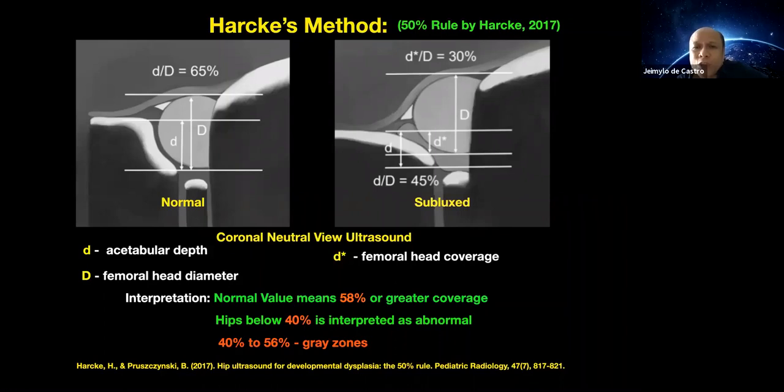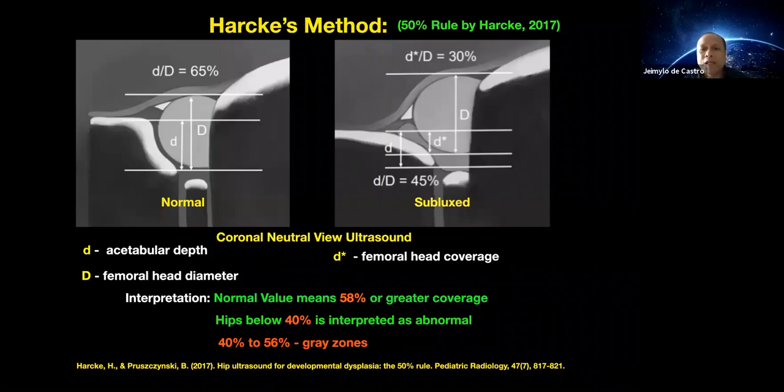But in this case, we have a D with an asterisk, which is the actual displacement of the femoral head from where it begins to where it displaces, because it measures the distance from where the femoral head starts inferiorly until the ilium line, the iliac line. Remember the iliac line? That is referred to as the femoral head coverage.